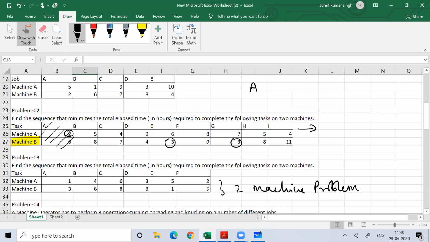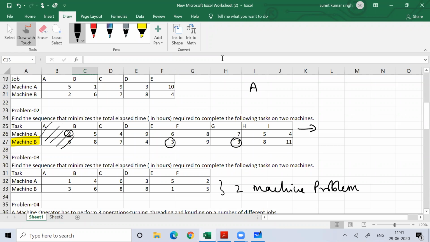For both of them, on machine B the processing time is 3 hours. But E corresponds to 6 hours in machine A, while G corresponds to 7 hours in machine A. So out of 6 and 7, you know that 6 is the smaller value.